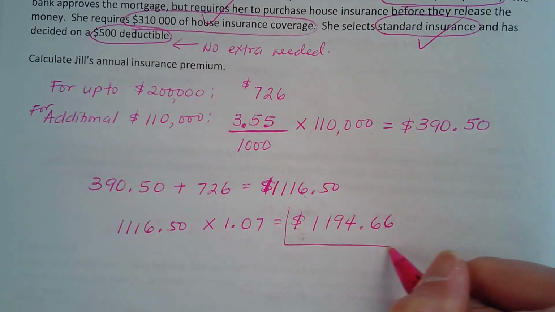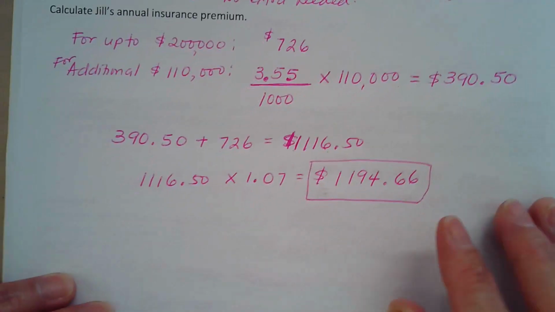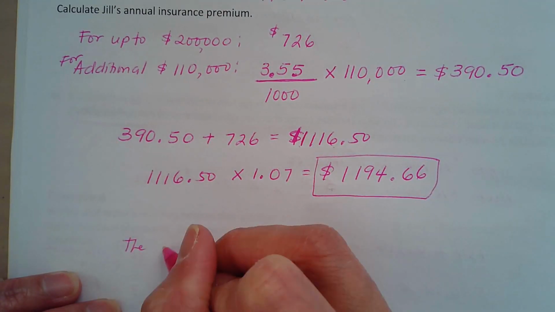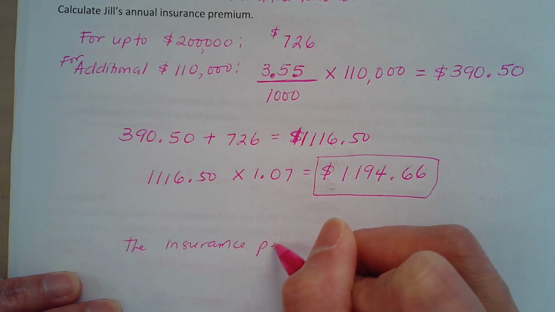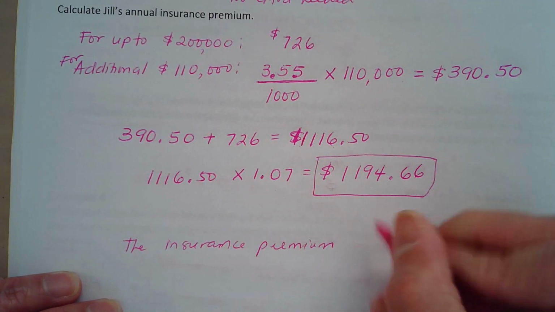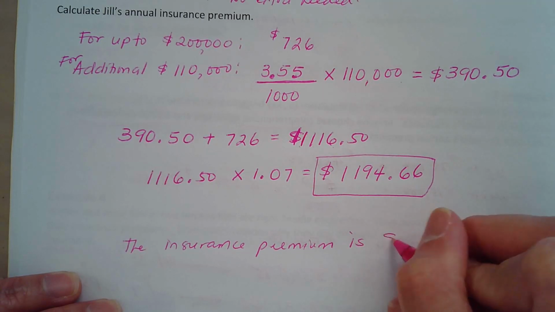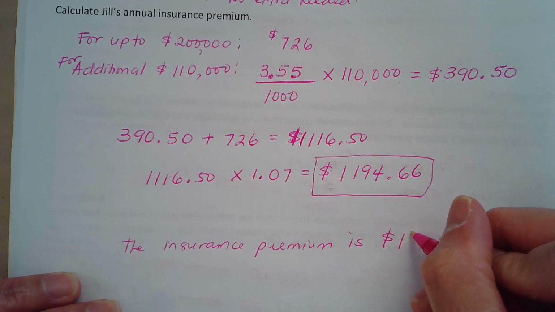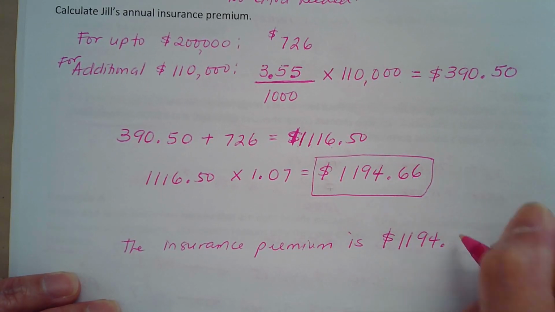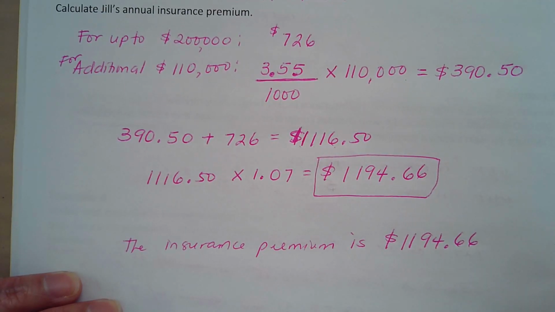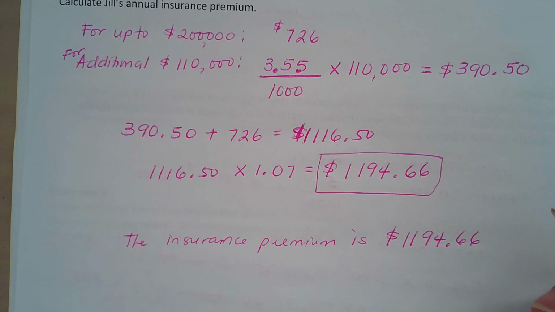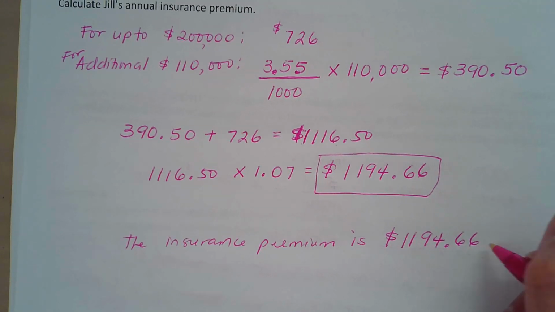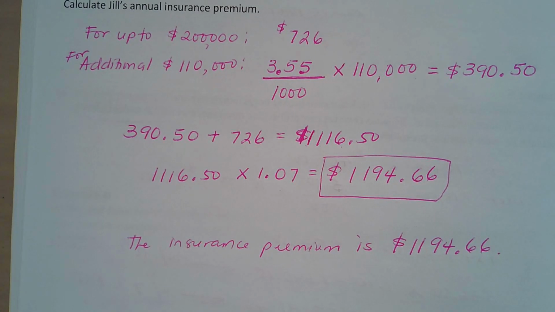So this is the total amount. So the insurance premium is $1,194.66. That's for the whole year, okay? Not for month, it's for the whole year.